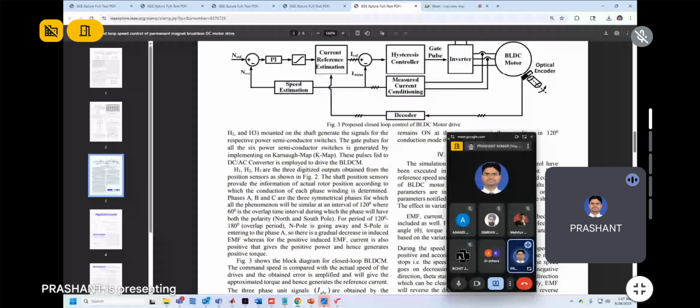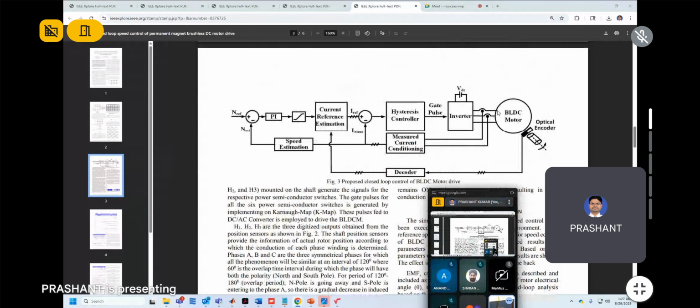This was the system that I explained. We were getting some signals from the BLDC. This was the encoder. Here we were getting HA, HB, HC that we were decoding to get the feedback speed, or the reference speed can be obtained directly from there.